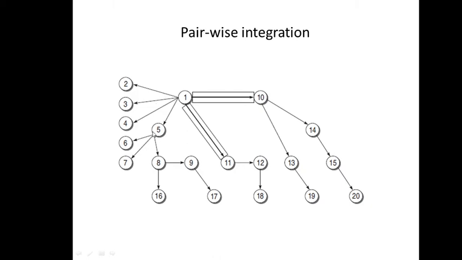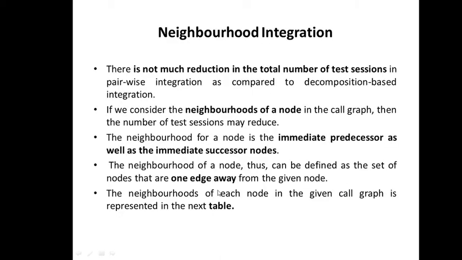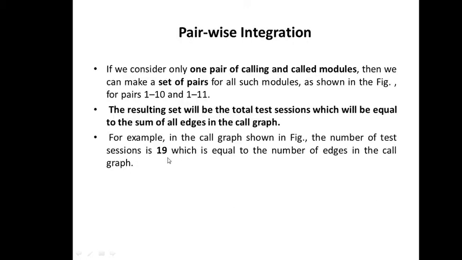If you go on counting, these are 19. So the number of test sessions required will simply be 19. This is how we can perform the testing. These many test cases need to be developed and we have to perform the testing. So concluding this, the resulting set will be the total test sessions, which will be equal to the sum of all the edges in the call graph.